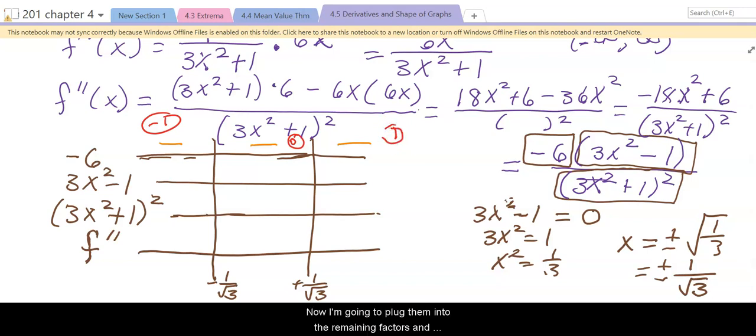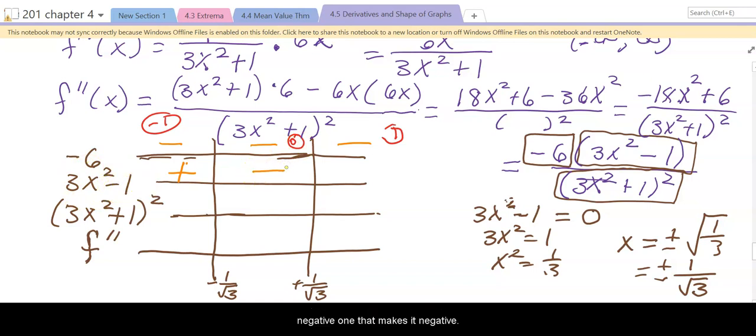Now I'm going to plug them in to the remaining factors and see what I get. When I plug in -1 to 3x squared minus 1, the negative becomes a positive when I square it. That gives me 3 minus 1, which is 2, which is definitely a positive. When I plug in 0, however, the first term drops out and I get -1.